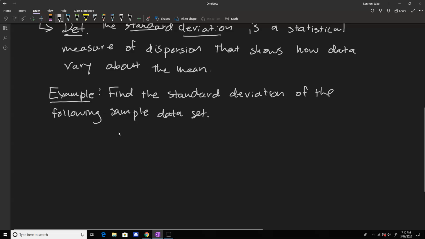So let's say our data set is as follows: 36, 71, 28, 51, and 31.